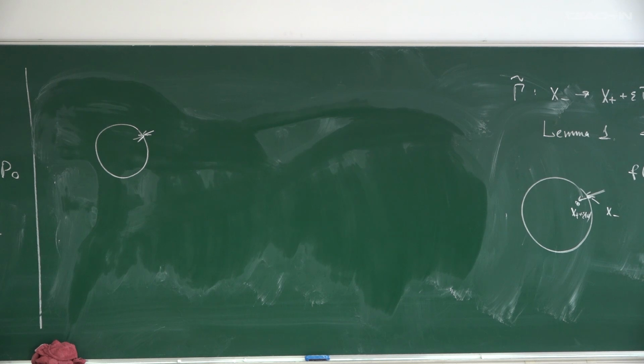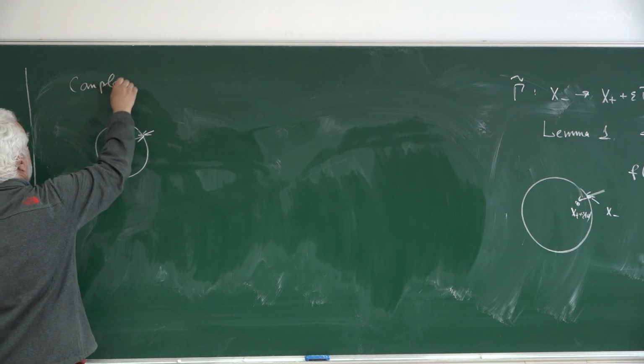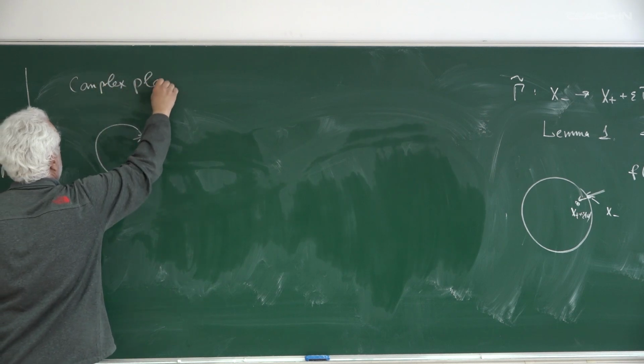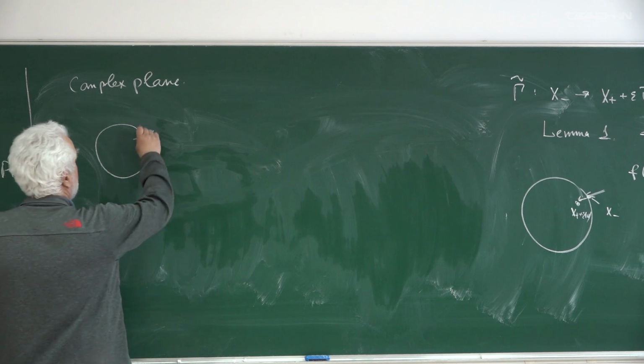How to construct a function in the complex plane? Let's start from the complex plane, with the prescribed discontinuity on some contour.